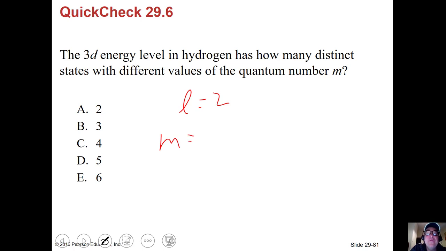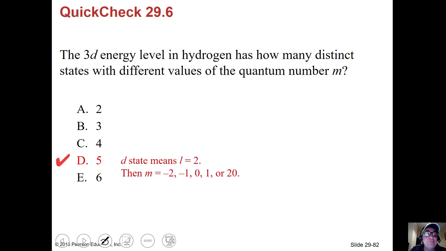It can be negative l, so negative 2, then negative 1, 0, all the way up to positive 2. Those are the possible values of m. Each of those would have a plus or minus 1/2 on spin, but they're not asking about that here. So when little l is 2, m could be negative 2, negative 1, 0, 1, and 2. So 5 different ones.